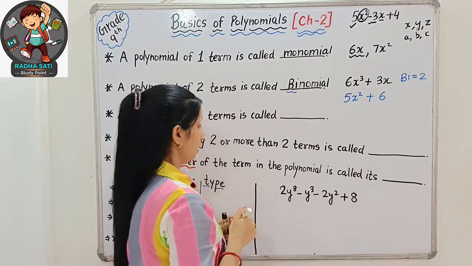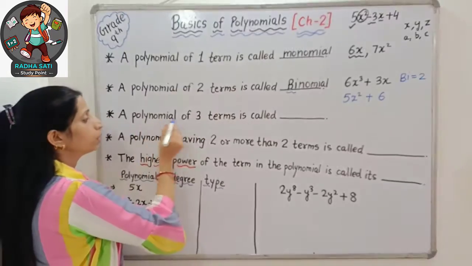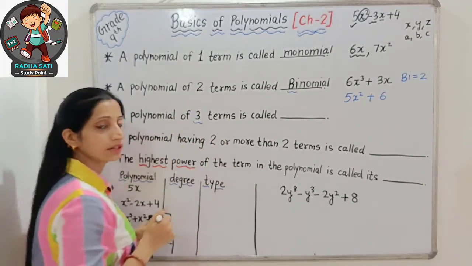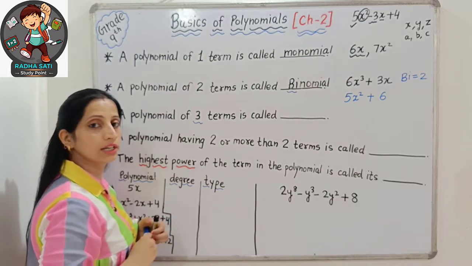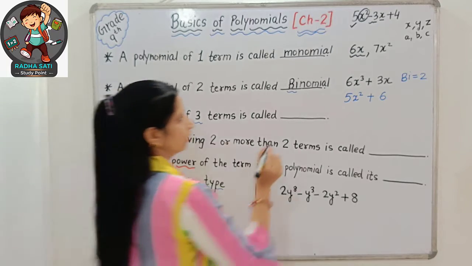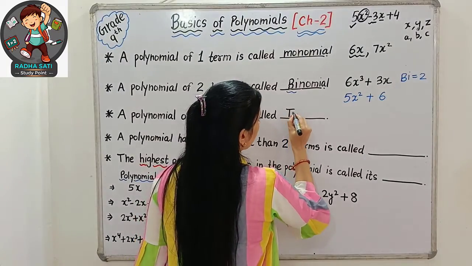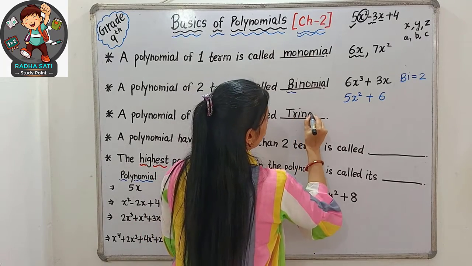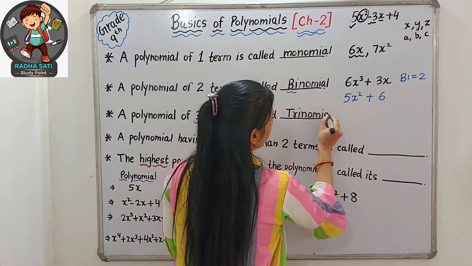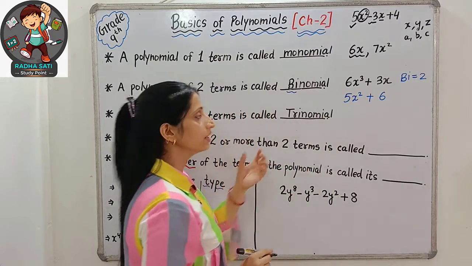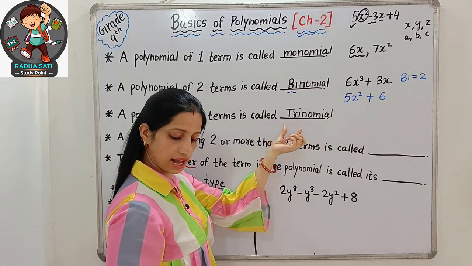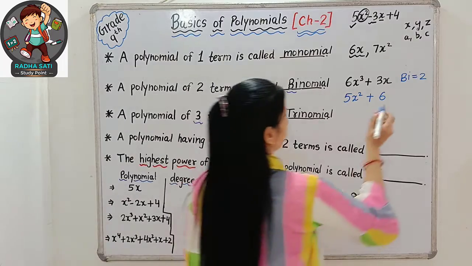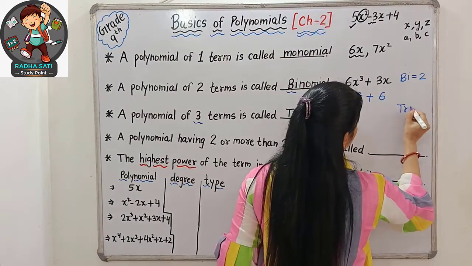Okay. Now, a polynomial of 3 terms, when there are 3 terms, then we call it trinomial. T-R-I, trinomial. N-O-M-I-A-L. Here also T-R-I, tri means 3. Tri means 3.